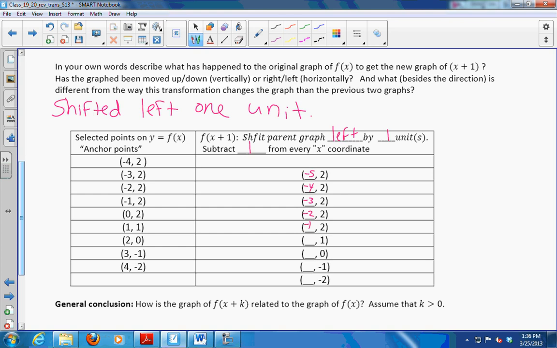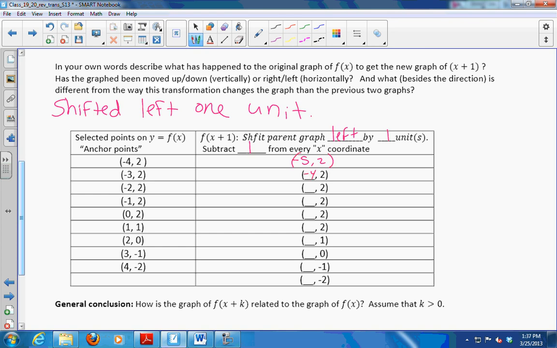Oops. Negative 4. Oh, I see, I left one out. So this is negative 5, 2.